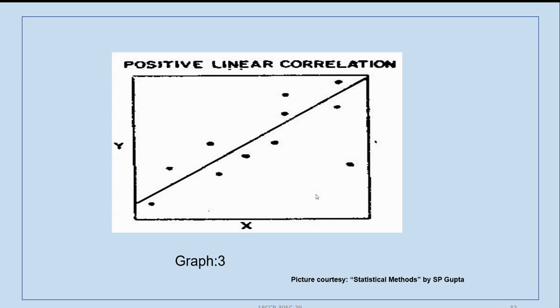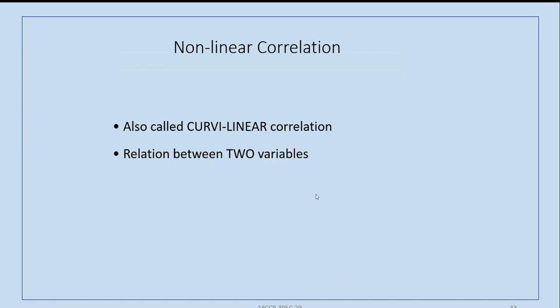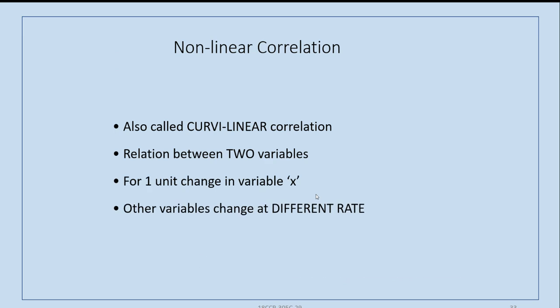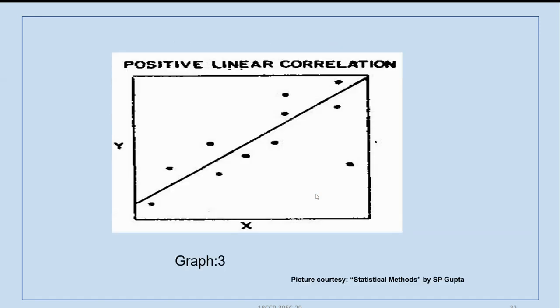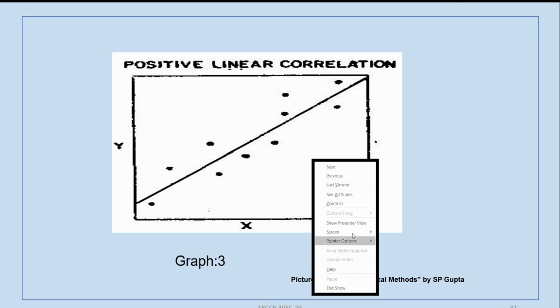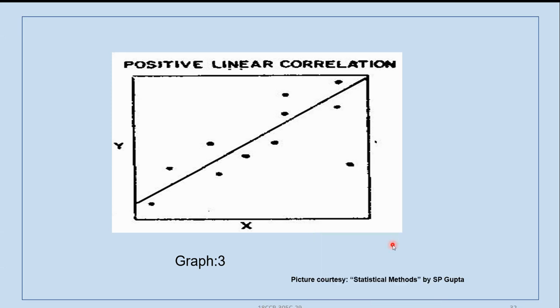This is the graph, also called a scatter diagram, where a linear relationship is there. Non-linear is a curve. That means the dots here are not proper, the line is not straight.